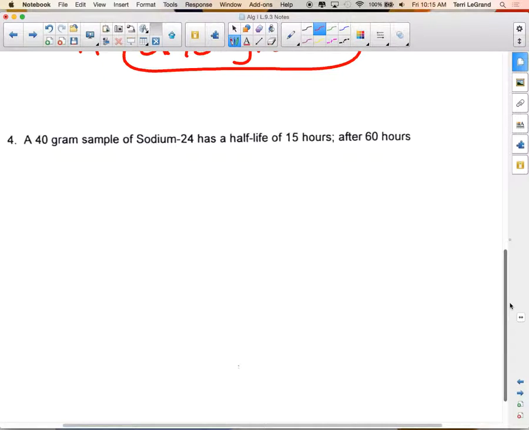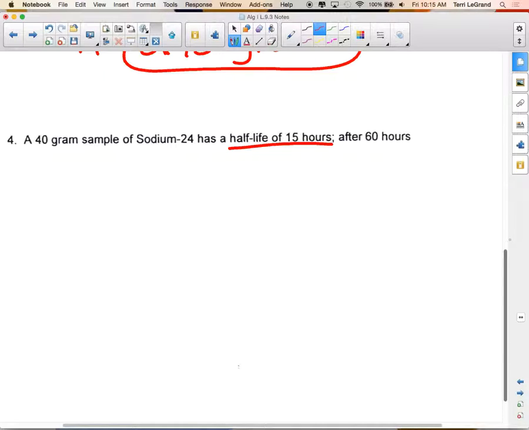Here's one thing you're going to be really, really careful of, just in case they do this to you. If the half-life is given in hours, but instead of saying after 60 hours, they said after 2 days, you have to make sure you convert the days to hours before you figure out how many half-lives it went through.